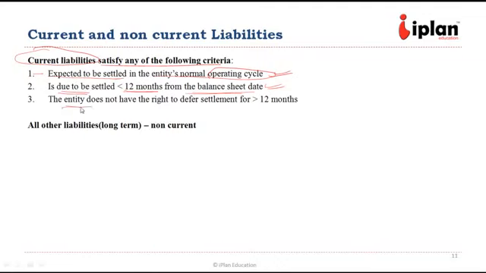And the third criteria is if the entity does not have the right to defer the settlement of this liability beyond 12 months, then it can be categorized as current liability. So except these cases, all other liabilities which are long-term are non-current liabilities. So non-current liabilities could be long-term bonds, etc.